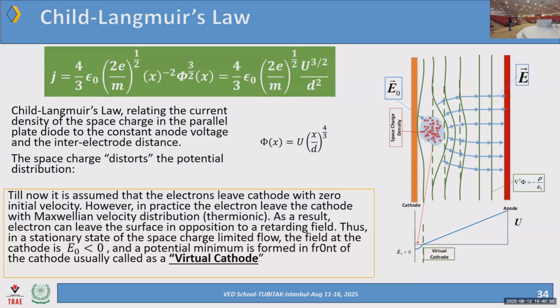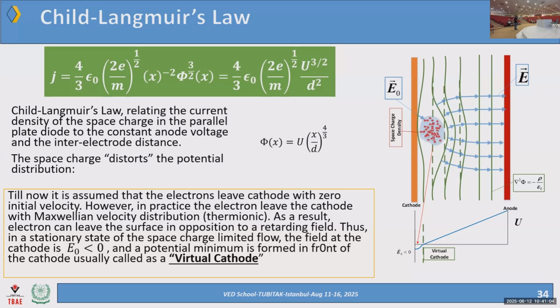Okay, and the potentials are changed with the 3/2 power of this current density. So the Child-Langmuir law puts the limit on the current density that can be achieved in case of thermionic emission, and of course the potentials that have to be applied should follow this law.